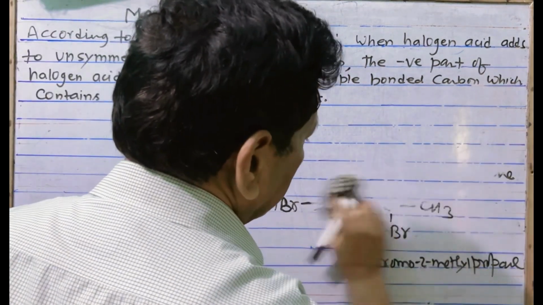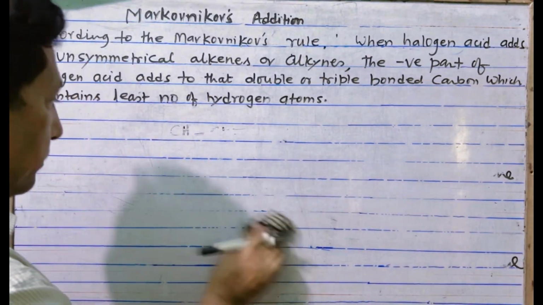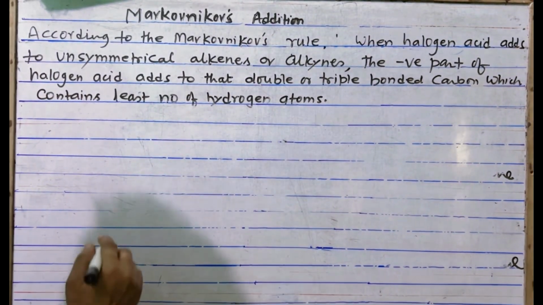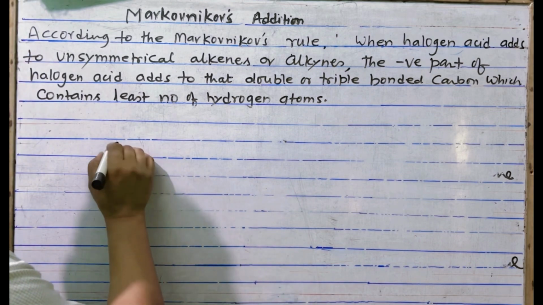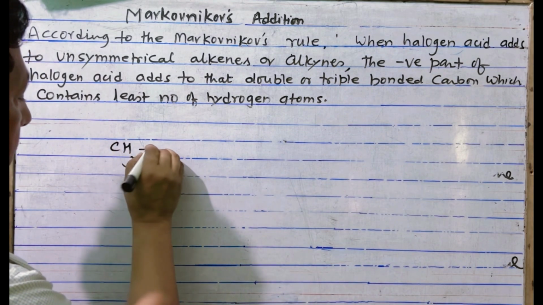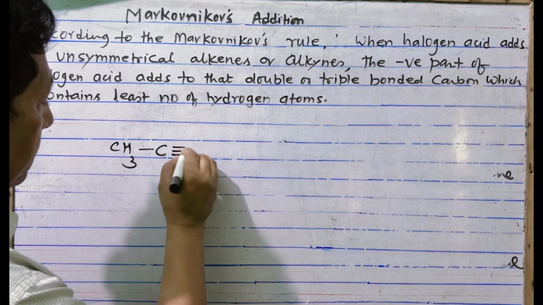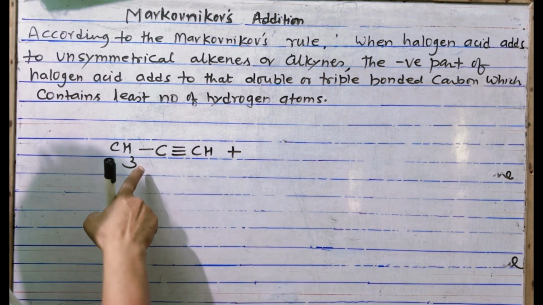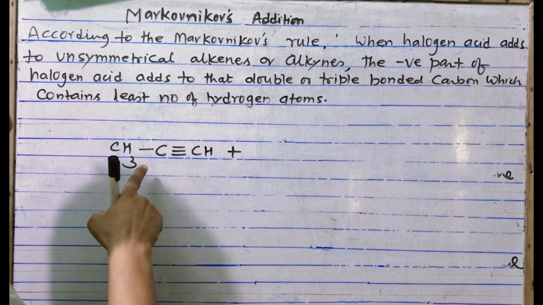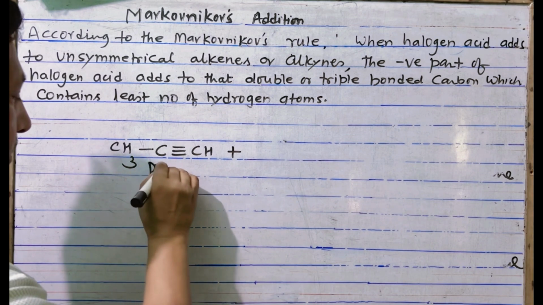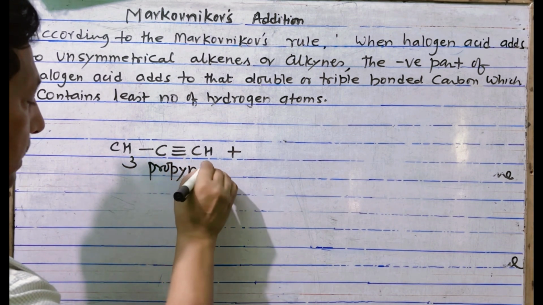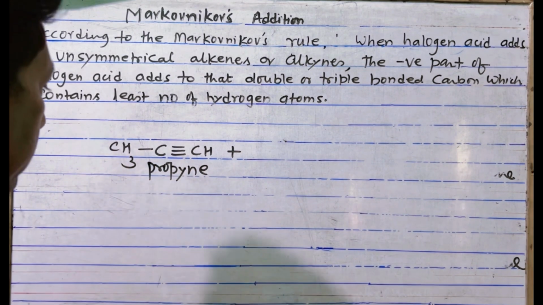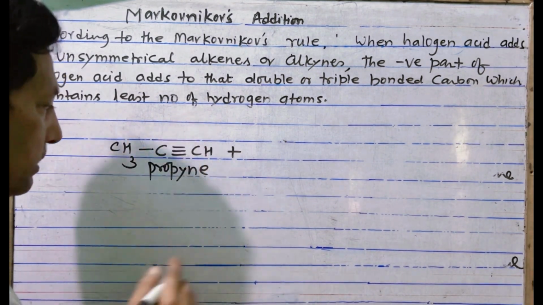similarly, let us take the example of the alkynes. For example, this is an unsymmetrical alkyne. We can say this is propyne, and this is unsymmetrical. It is not symmetrical.